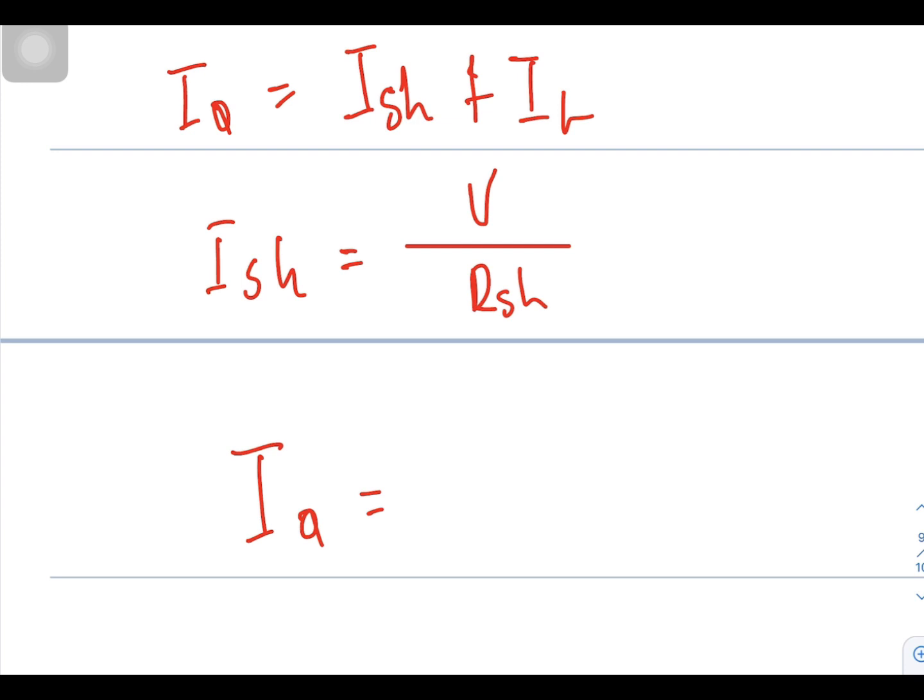And guys, it is wrong to use this formula and say I armature is V over R armature. This formula doesn't apply, partly because there is a back EMF.